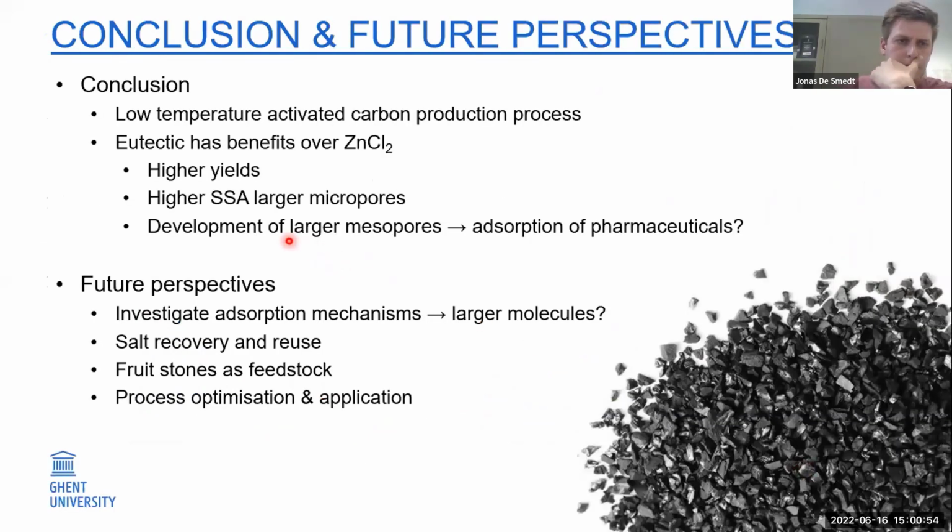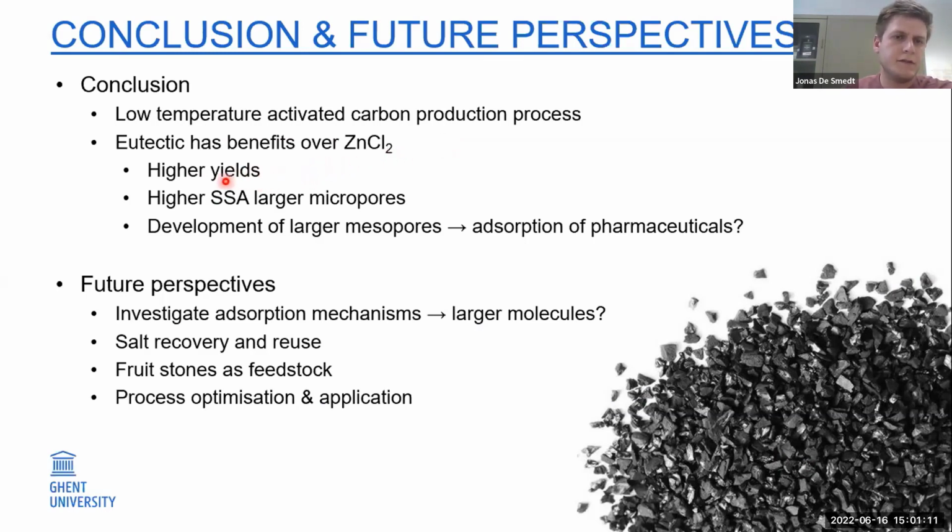So in conclusion, we can say that we can actually create low temperature activated carbon, and that the eutectic mixture has very beneficial effects over the standard zinc chloride because we have higher yields.